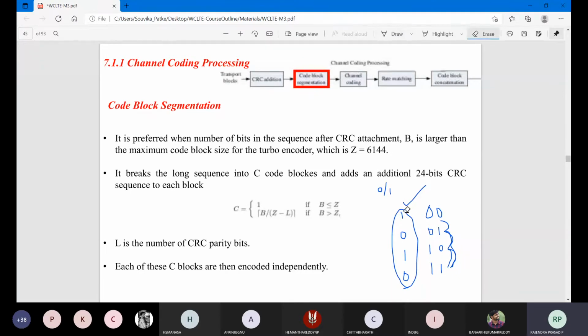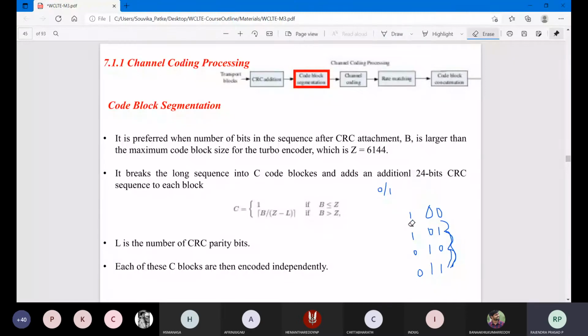If I want one more combination, I can take 0011, which is also not repeating. I can take one more, 1100. Here also there is no repetition of data, so I can take this as a prefix code.